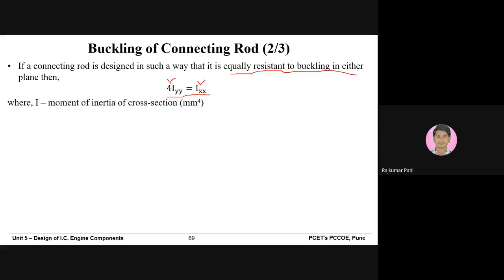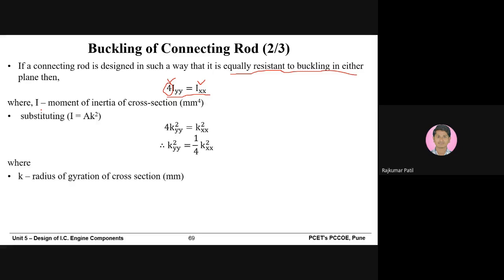And why is this 4? Because, as I mentioned, more buckling may take place about the yy axis, where I is the moment of inertia of the cross section, expressed in mm raised to 4. Now we can replace this I, that is moment of inertia, by A k square, where A is the cross sectional area and k is the radius of gyration of the cross section.